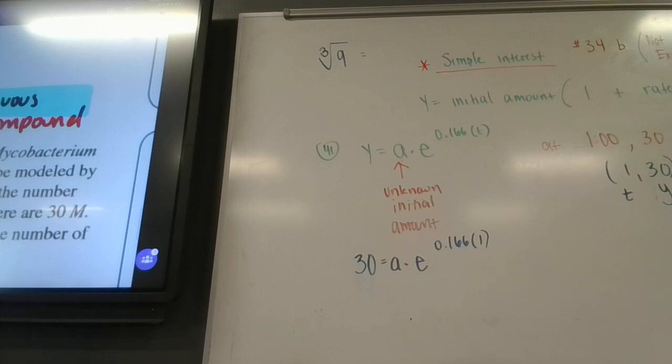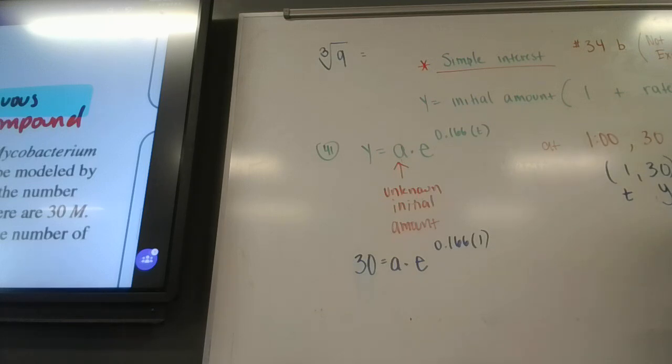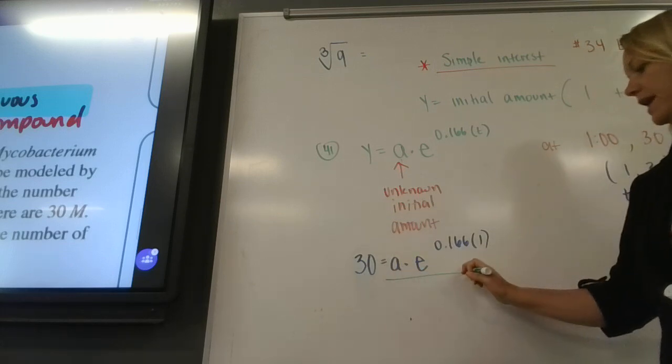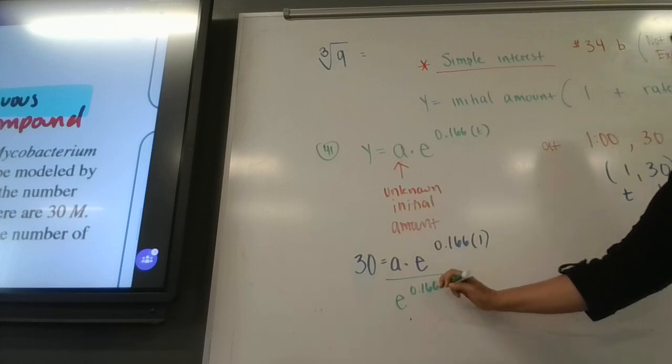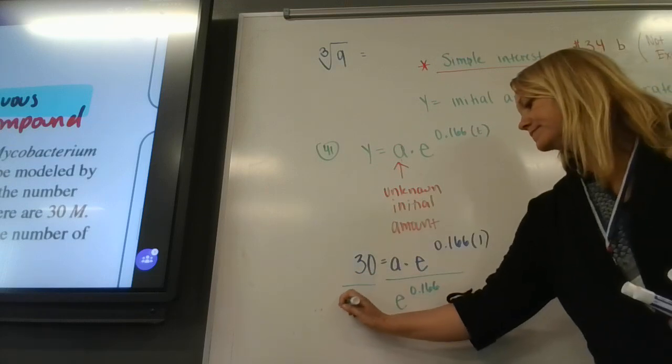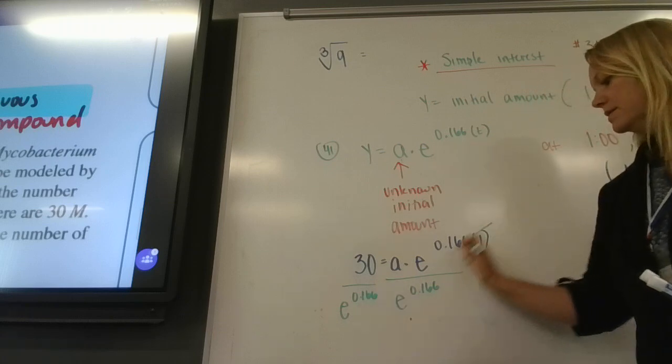We could hit the e button in our calculator, Euler's e, 2.71, and raise it to this rate. But we know it's going to be a decimal, because e is an irrational decimal to start with, so let's just divide it like it is. Divide both sides by e to the 0.166 to cancel it.